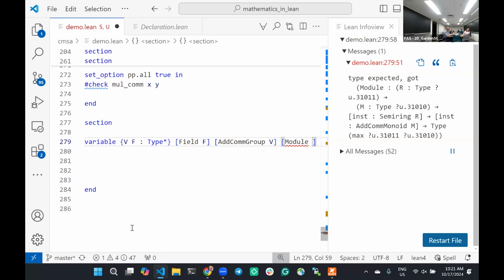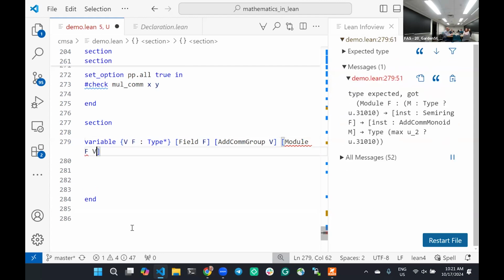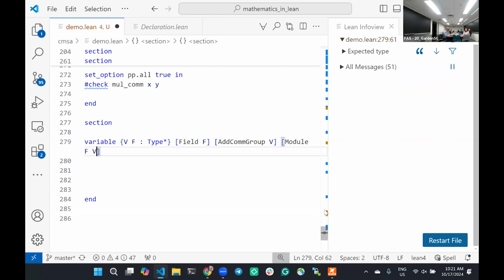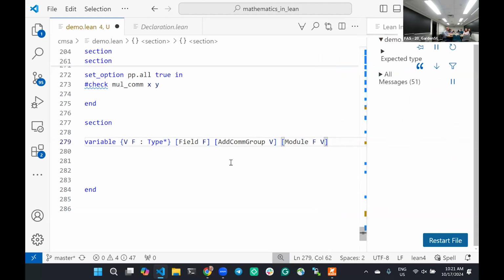So you say module F V. Yeah, that works. So you're declaring in pieces: you have a field, you have the underlying set of the vector space, which is an additive commutative group, and then there's a scalar action of F on V, a scalar multiplication satisfying the appropriate axioms.